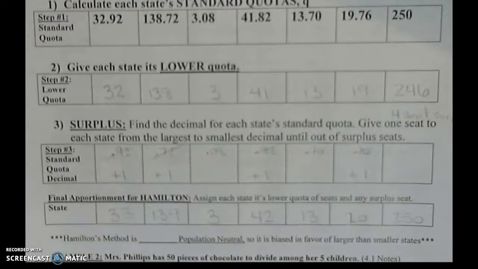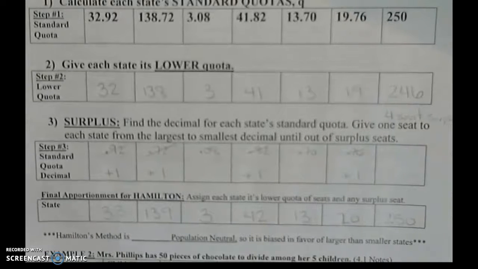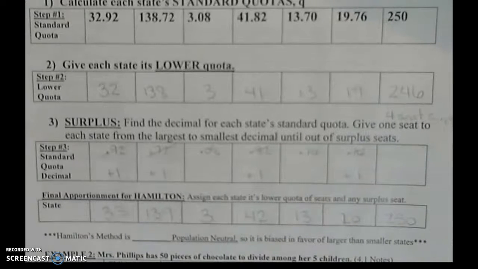Going back to what we did in the last chapter, remember, it's all about whether we feel like something is fair or not. At first glance, Hamilton's method appears to be quite fair. However, a careful look sometimes will hint that that might not be the case.